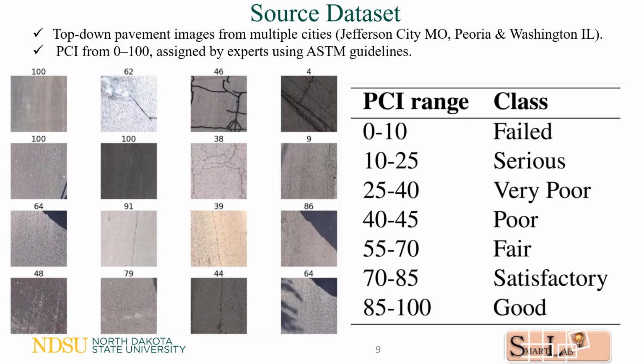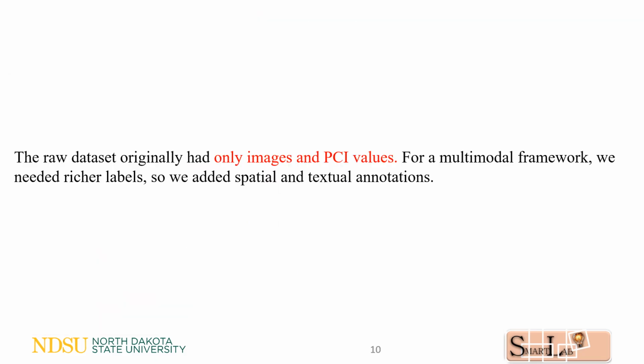The PCI values are in ranges from 0 to 10, 10 to 25, 25 to 40, 40 to 55, 55 to 70, and other ranges. The raw dataset originally had only images and PCI values, but for a multimodal framework we need richer labels, so we added spatial and textual annotations.